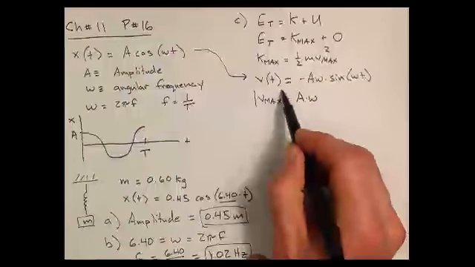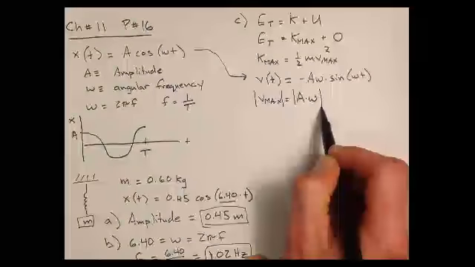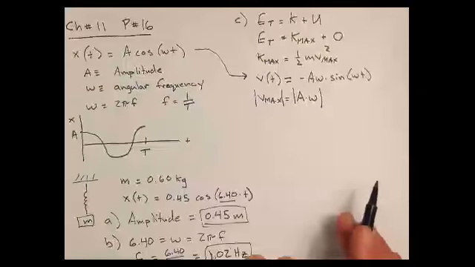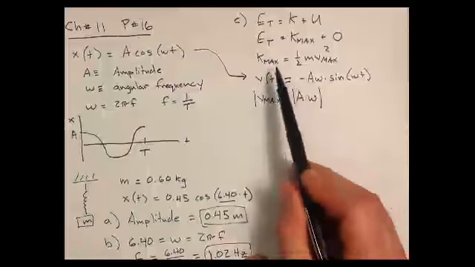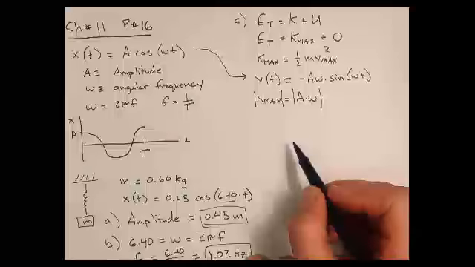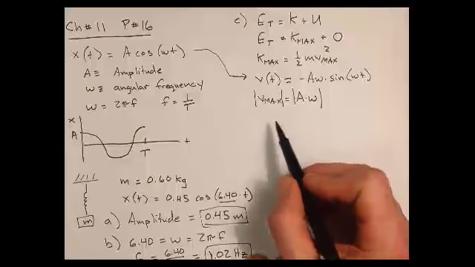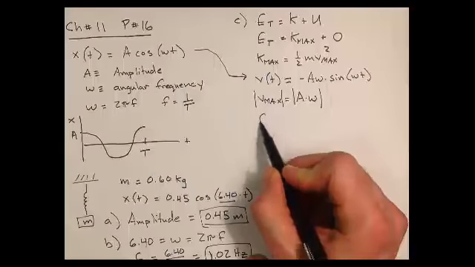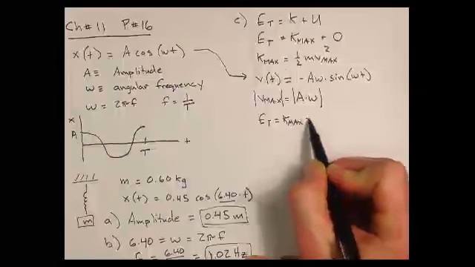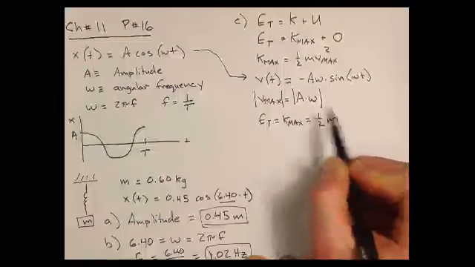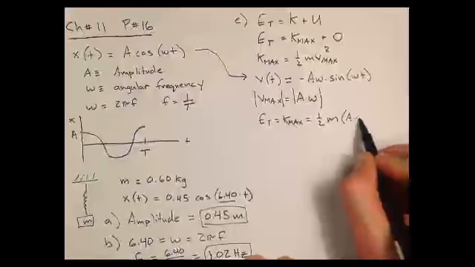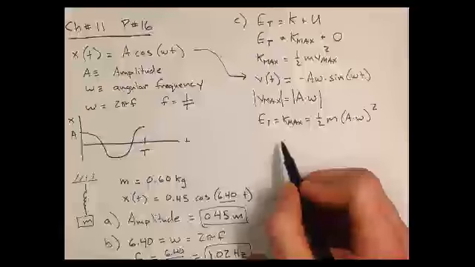Now, I'm just taking kind of an absolute value here. When it comes to kinetic energy, it doesn't matter the direction of my speed, right? Kinetic energy is always positive. So I'm going to claim that my total mechanical energy is equal to K max, which is 1/2 m times Vmax squared, which would be A times omega squared.